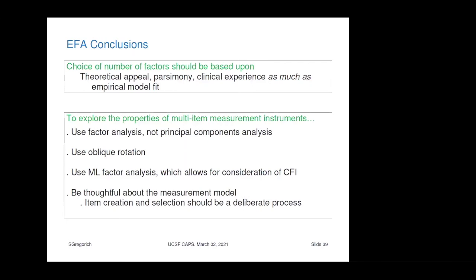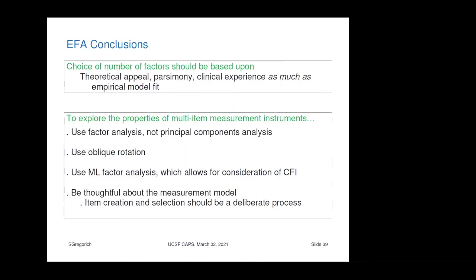Your factors need to make sense. And so I think you should qualitatively or subjectively and objectively, empirically consider multiple factors if you're in an exploratory mode when determining the number of factors.